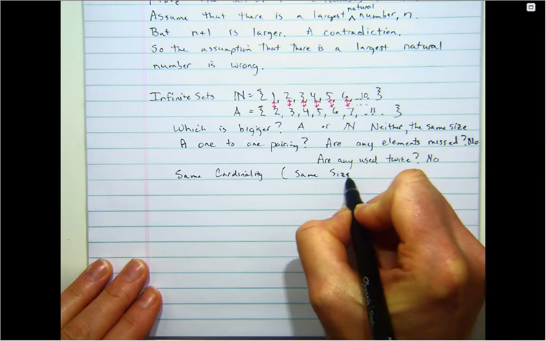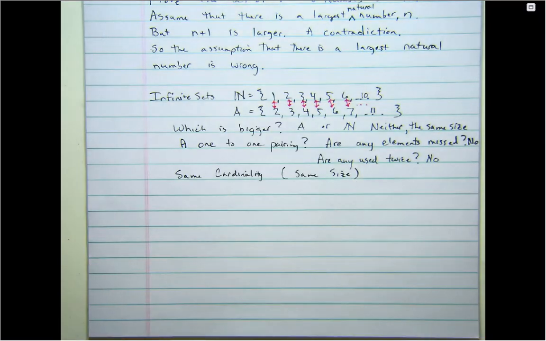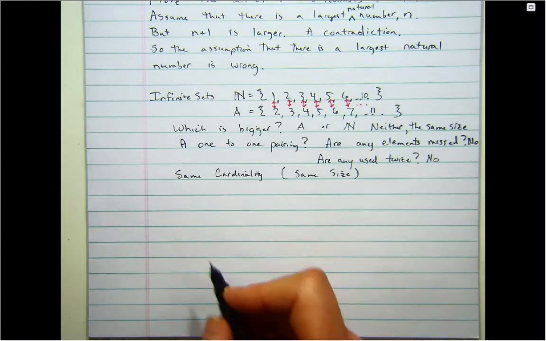So when we say the same cardinality, we can think of that as the same size, but size has other connotations, so we use cardinality with sets. So we'd say set A has the same cardinality as the natural numbers.